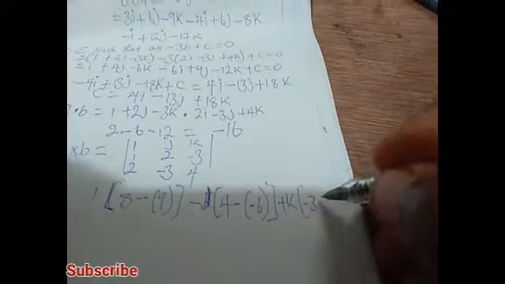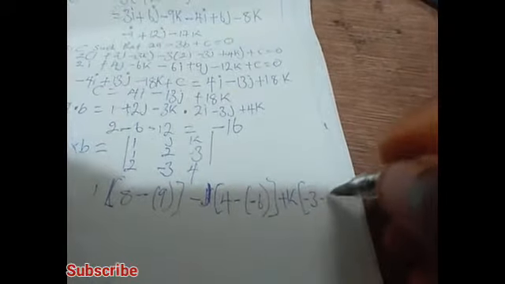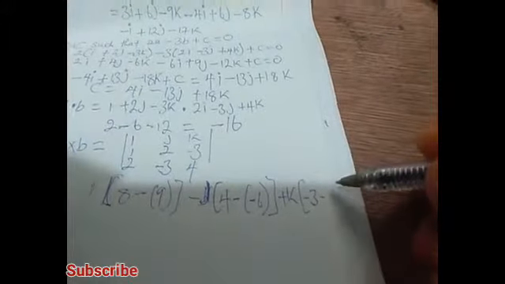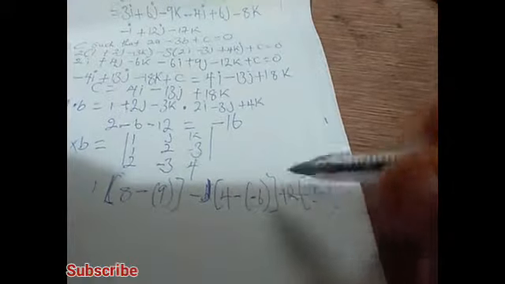On the k, you close it too: 1 times minus 3, minus open bracket 2 times 2, which is 4.